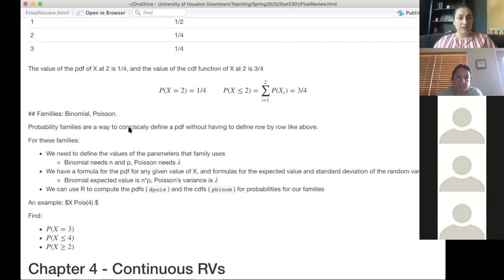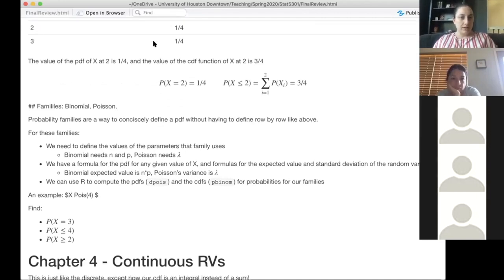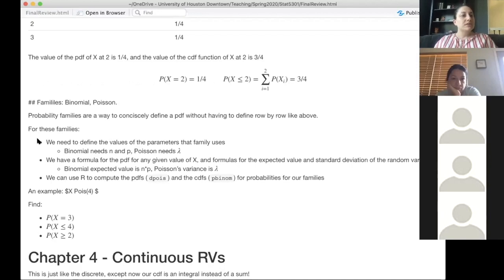Essentially what they are is a way that we are defining concisely a PDF without having to do this row by row thing. So you're given parameters, like a binomial's N and P, that tell you exactly what the PDF is. There's a function.